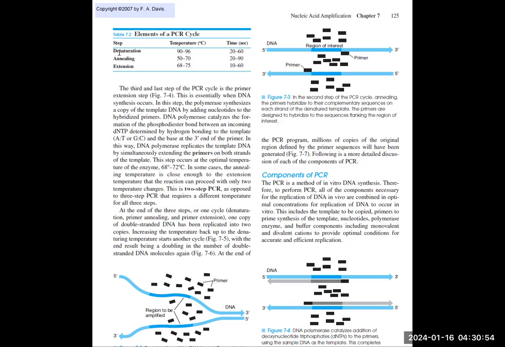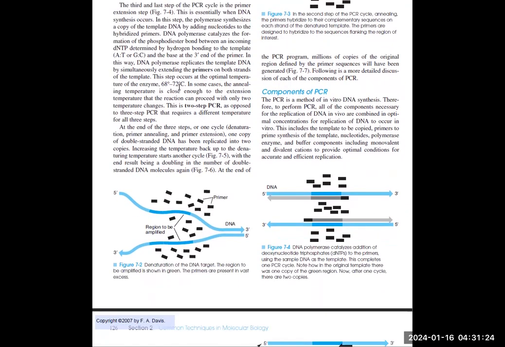And after one cycle, we can have one copy of the double-stranded DNA that has been replicated in two copies. So as we increase the temperature back to 90 to 96, another cycle starts. So that's with PCR. That's why it's a chain reaction. It keeps on creating cycles. How many cycles again? We've got usually 34 to like 50.